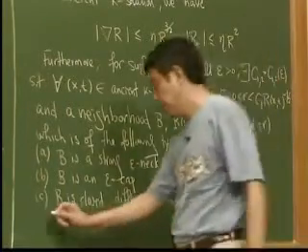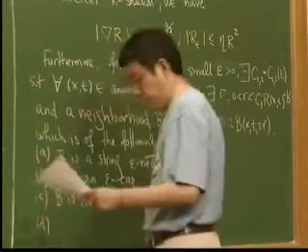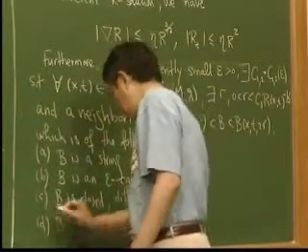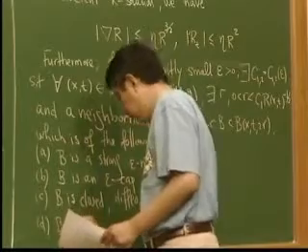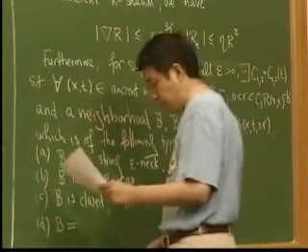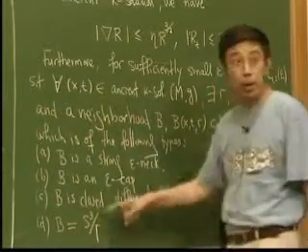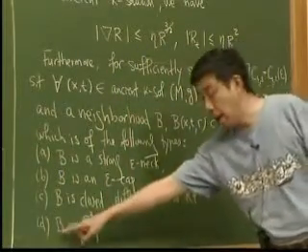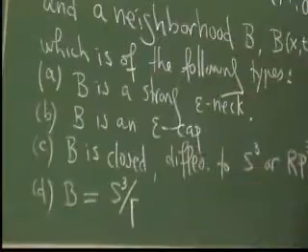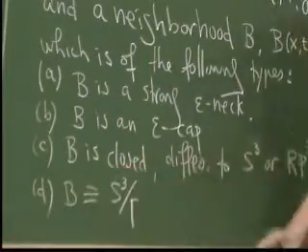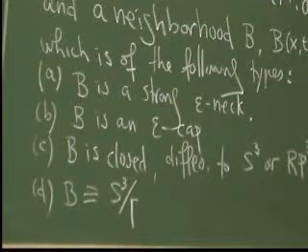D, B is a standard, B is closed. So B is just the same as, this time not only the topological same, it's isometrically same. Okay, so here I say this means isometrically same.